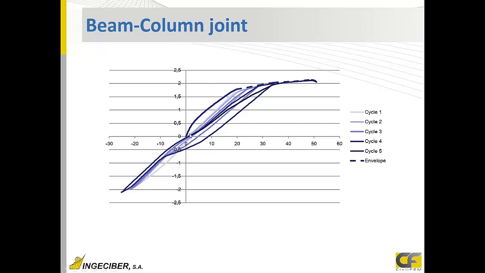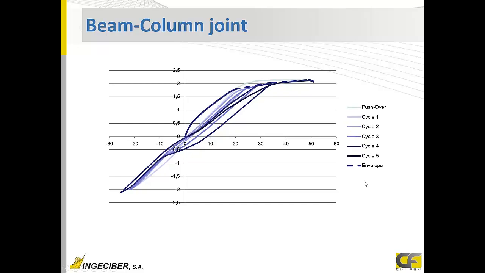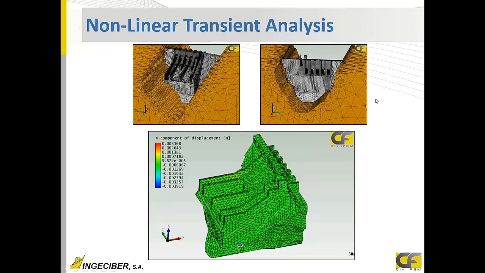If we compare this line with the pushover, the pushover goes higher. The difference between one and the other is the damage generated due to these cyclic loads, which is smaller, so it's more conservative.